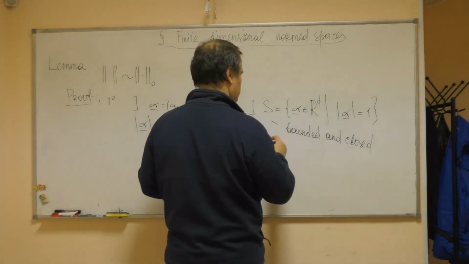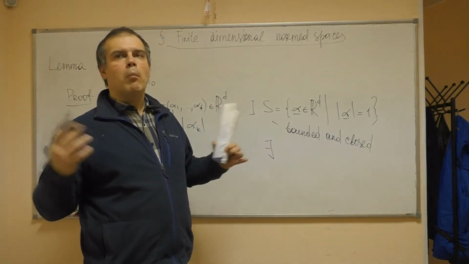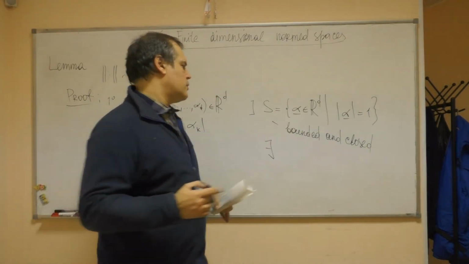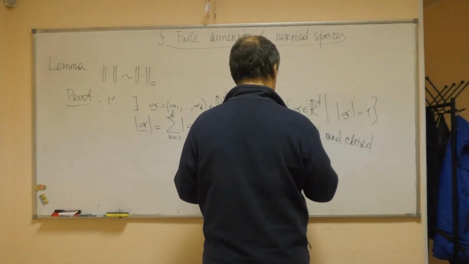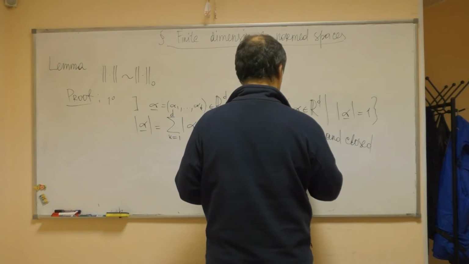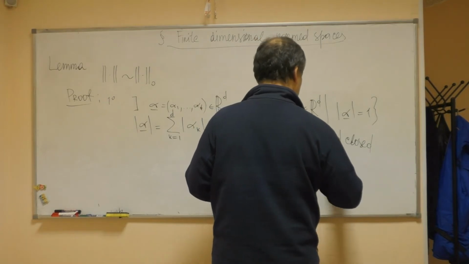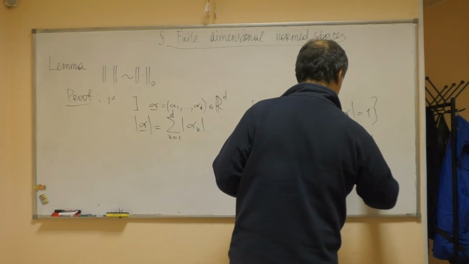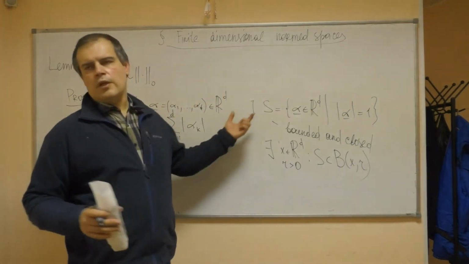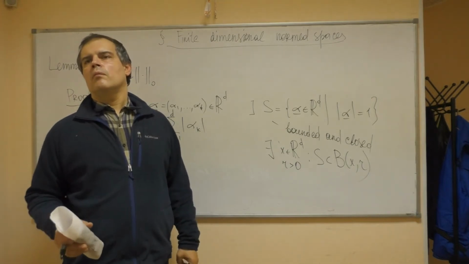Bounded means that we can find some ball that contains this set, so some center, some radius. Each set is called bounded if it belongs to some ball.